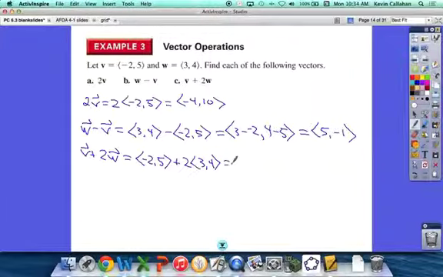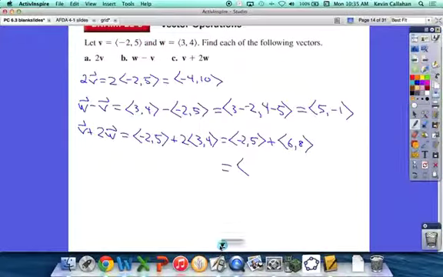Right, that'll be <-2,5> plus <6,8>. Now, just vector addition, -2 plus 6, 4. 5 plus 8, 13.